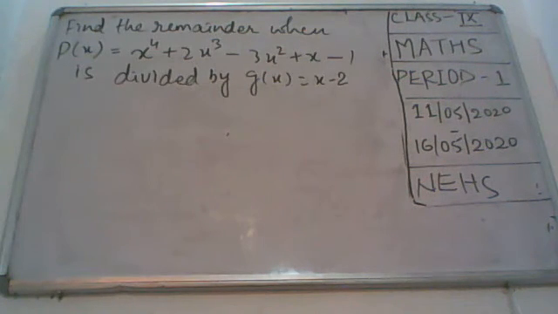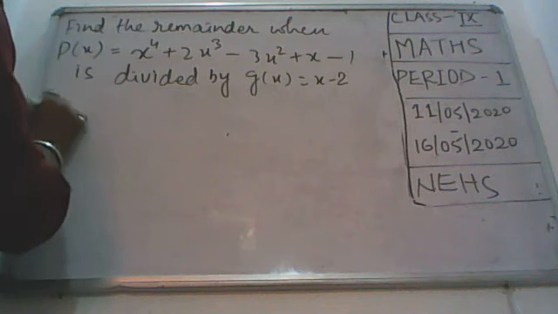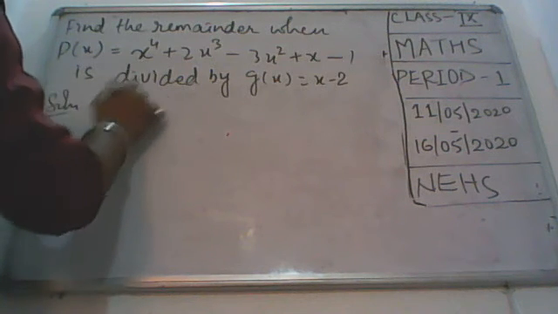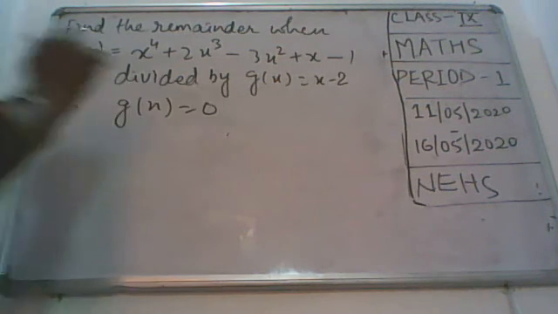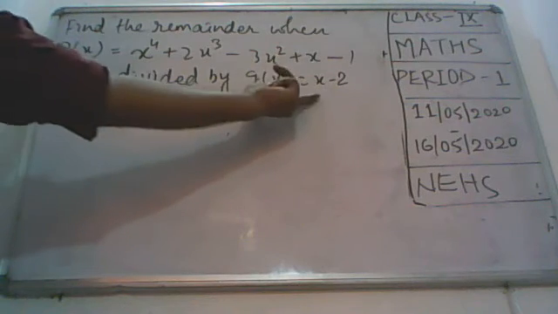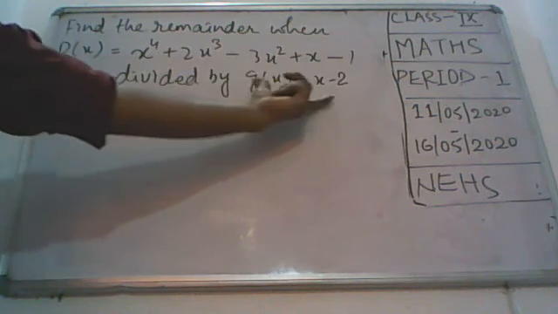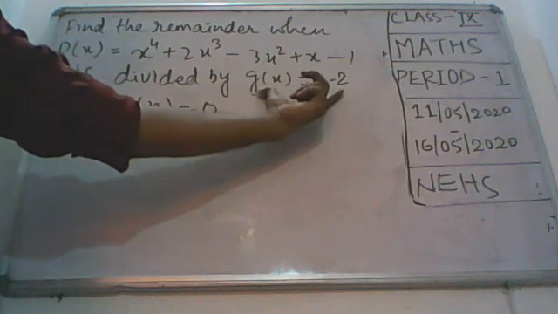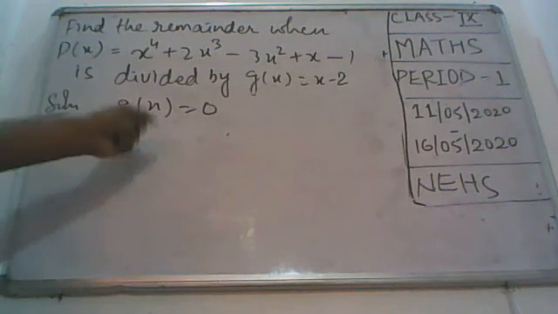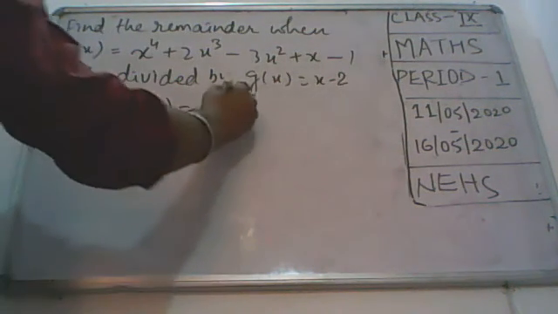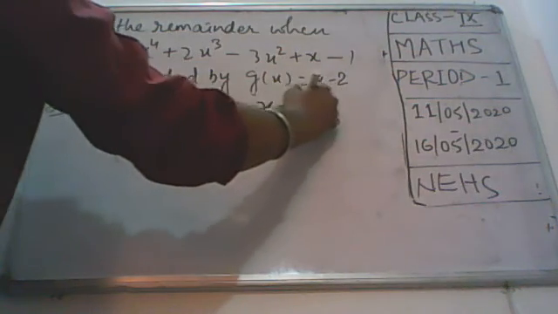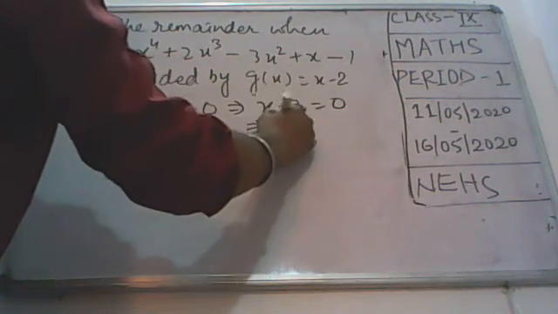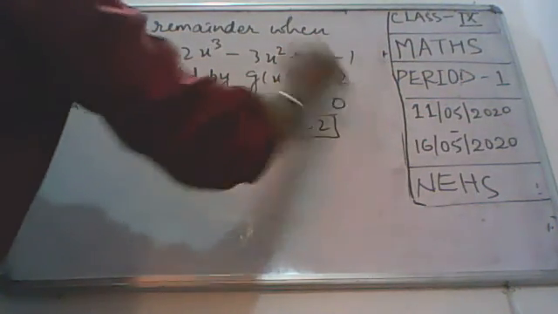So first of all, I will set g(x) equal to 0. Why g(x) equal to 0? Because this is dividing this polynomial, it is my divisor, so it is a factor here. So x minus 2 is equal to 0, that is x is equal to 2.